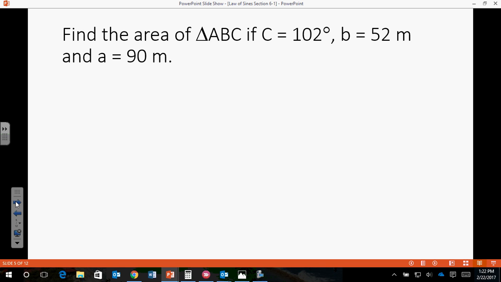So find the area of triangle ABC, if angle C is 102 degrees, side B is 52 meters, and side A is 90 meters. This time we're finding area, not a side or an angle.